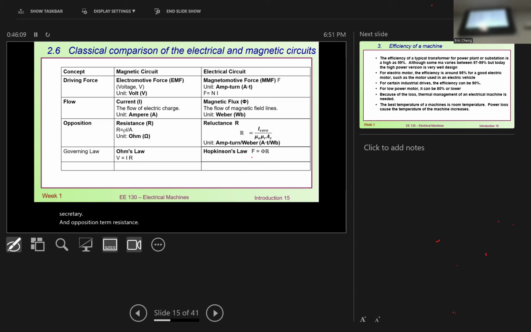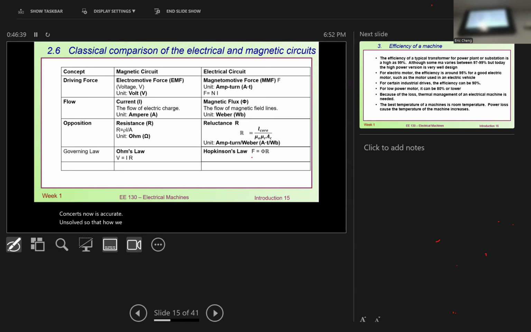All the concepts on the left side are labeled magnetic circuit, like I said in the beginning: this one is electrical, this one is magnetic. For the magnetic circuit, the driving force is the MMF, and then we have magnetic flux and reluctance, and a similar law, like Kirchhoff's law. That's how we compare them.